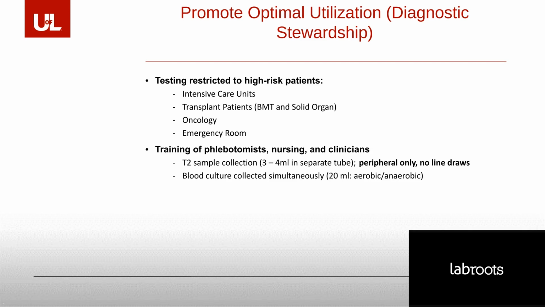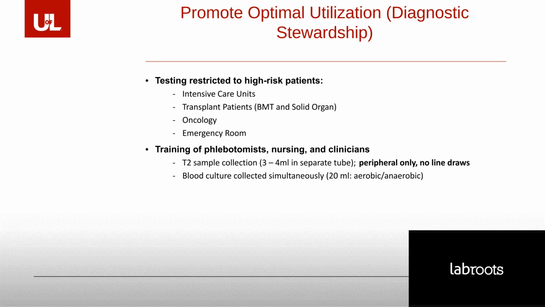So in regards to the T2, the testing is restricted to high-risk patients. And that's based upon the fact that our epidemiology clearly shows this is where you're going to find the majority of your pathogens, both Candida as well as the bacterial.